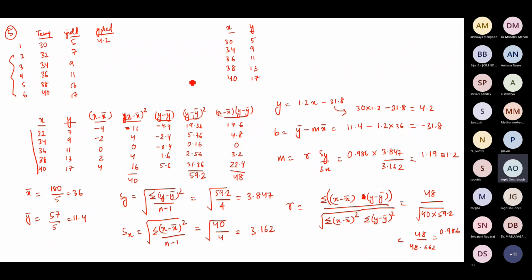Then again you will calculate the x and y means. Then you will calculate x minus x mean, x minus x mean whole square, y minus y mean, y minus y mean whole square, and x minus x mean into y minus y mean. You will get the sum of each of these columns.